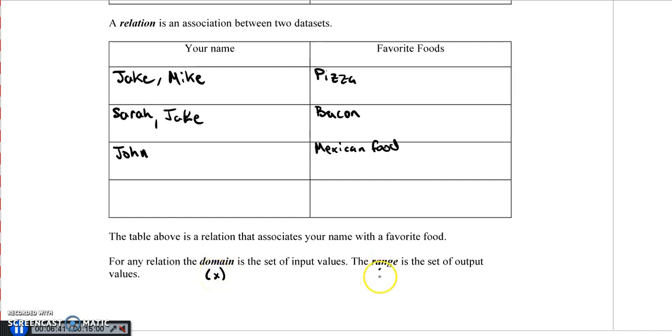Our range is what comes out, y, in most cases when we're graphing using points. In this case, what is the domain? Well, the domain is all the names. And what is the range? Well, the range is the food. So if I give you an input of, okay, what is John's favorite food? The range, the outcome, is coming out, right? One thing out of the range, Mexican.